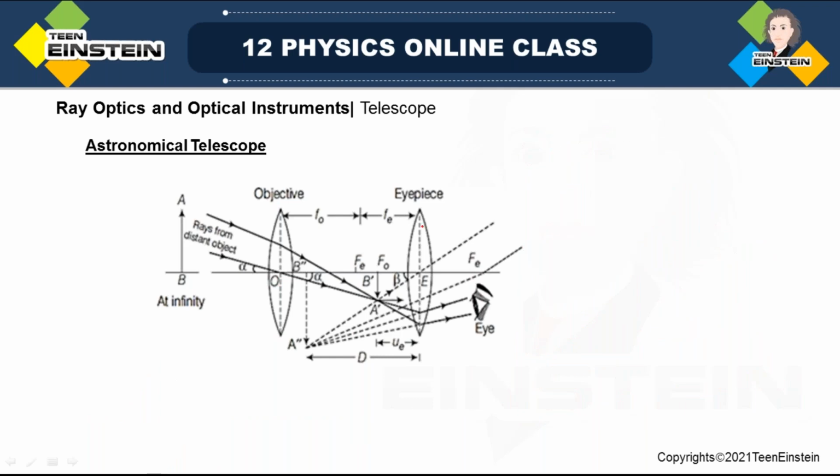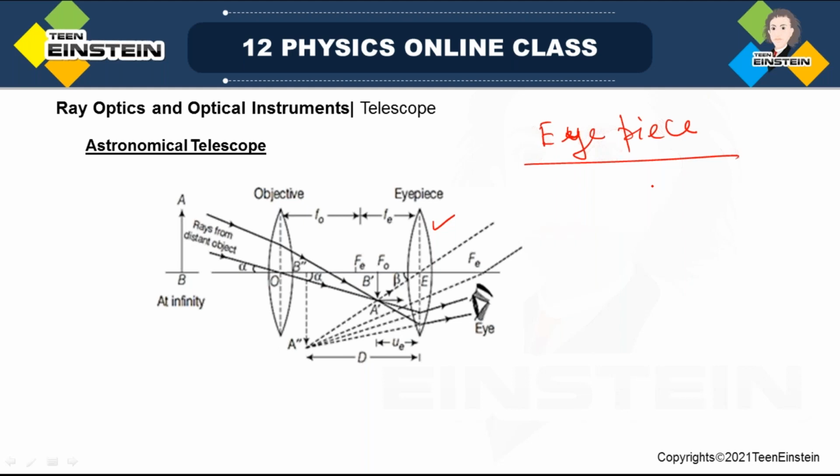Now we'll see the eyepiece. So this is the eyepiece, which is facing your eye, and the objective is facing the object.